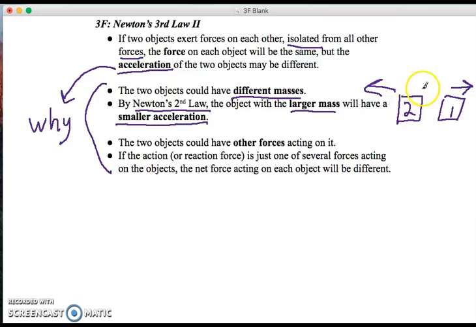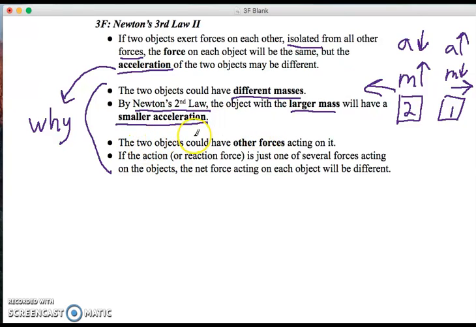By Newton's third law, that force is going to be equal, but what's not so obvious is that if mass 2 has a really large mass, it's going to have a comparatively small acceleration, while object 1 might have a smaller mass, and it's going to have a larger acceleration. So they could have the same force on each other, but because the masses are different, you're going to have a different acceleration.